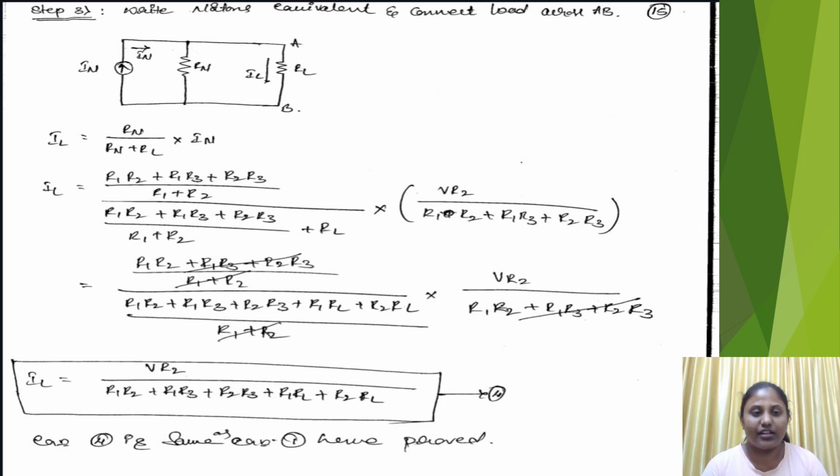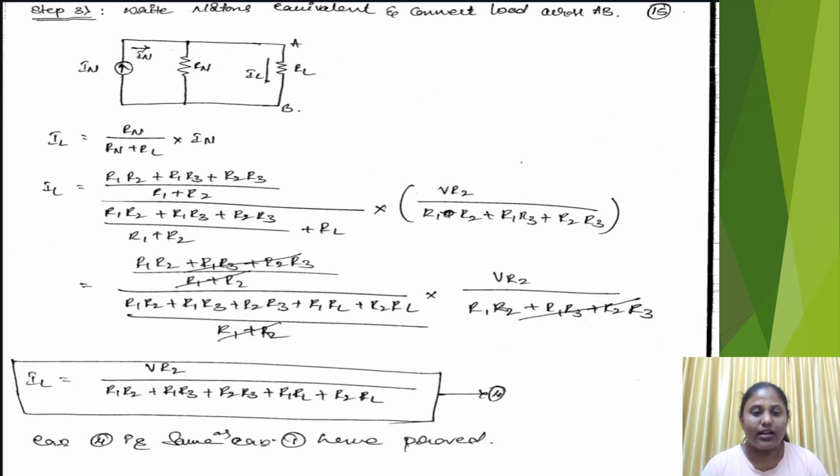IL equals R1 R2 plus R1 R3 plus R2 R3 divided by R1 plus R2, whole divided by R1 R2 plus R1 R3 plus R2 R3 divided by R1 plus R2 plus RL, into V R2 divided by R1 R2 plus R1 R3 plus R2 R3.